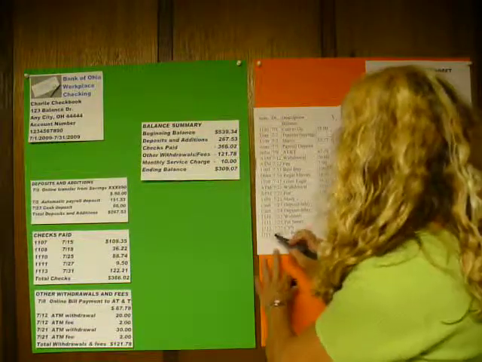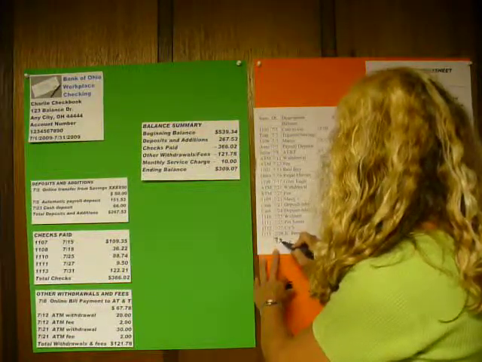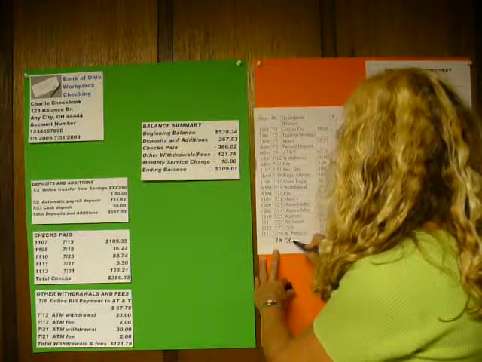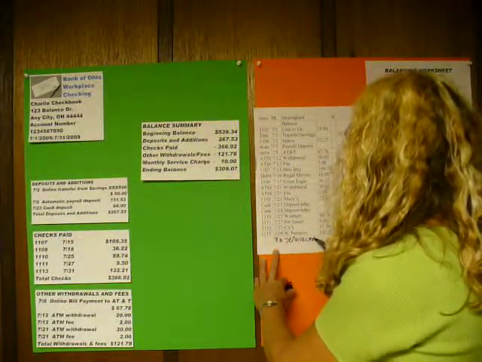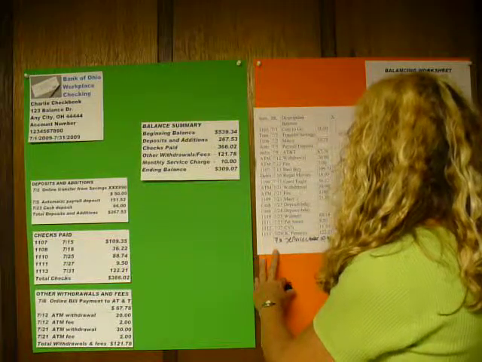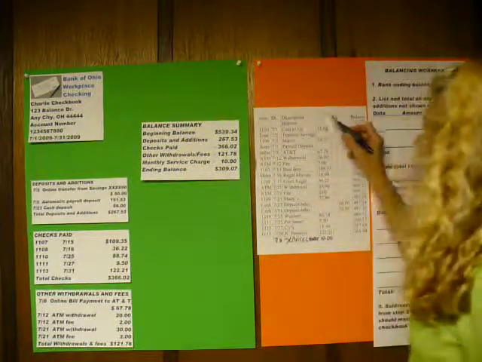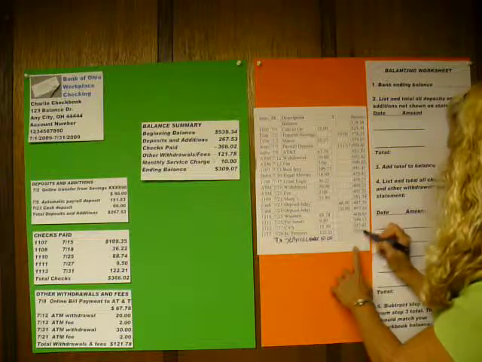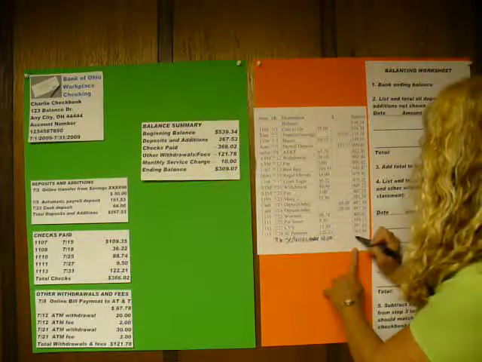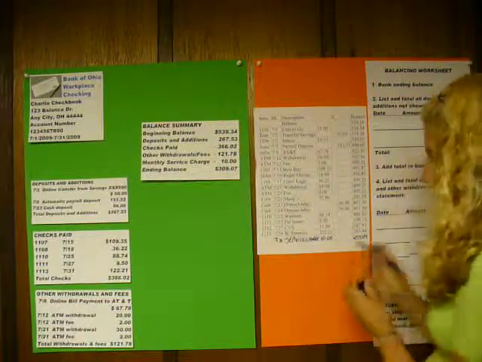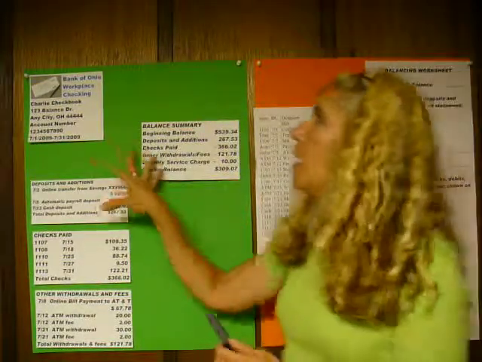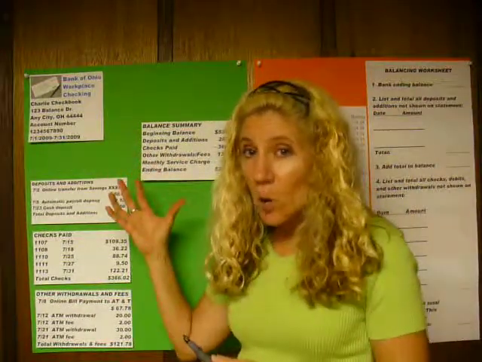For the end of the month, 7/31, the service charge is $10. It's a deduction, so I take $265.44 minus 10, which is $255.44.